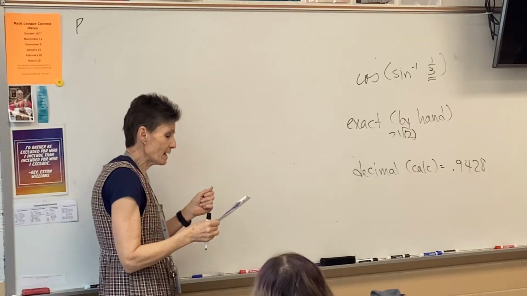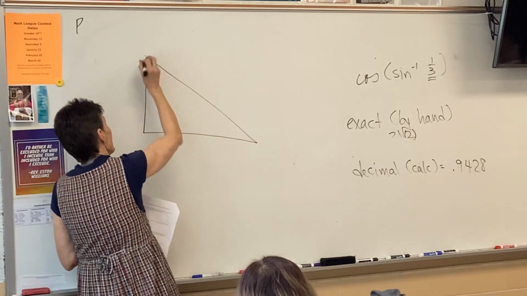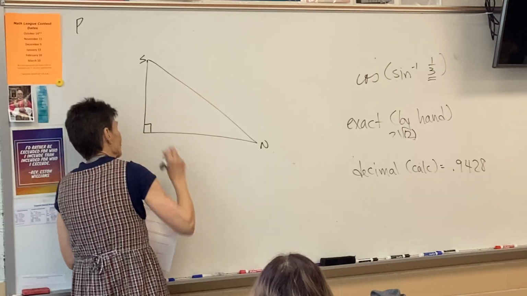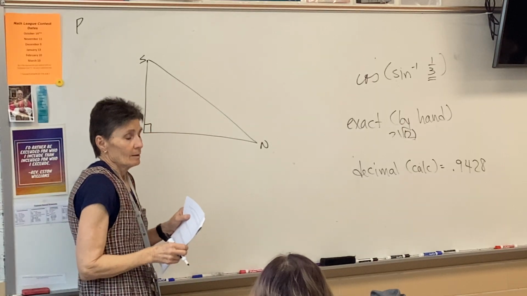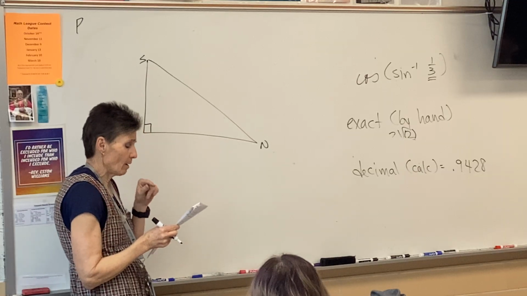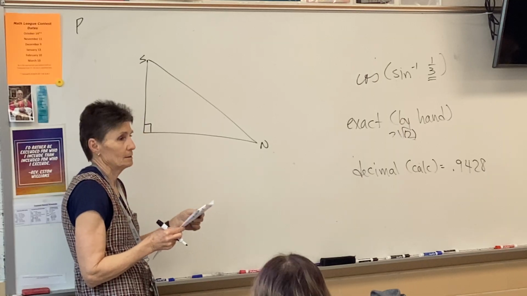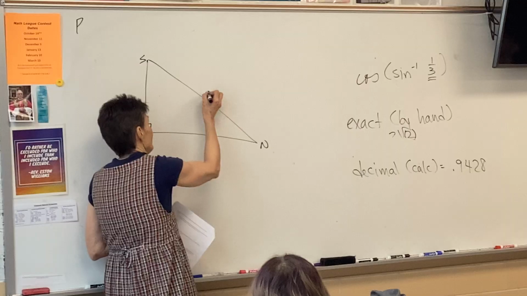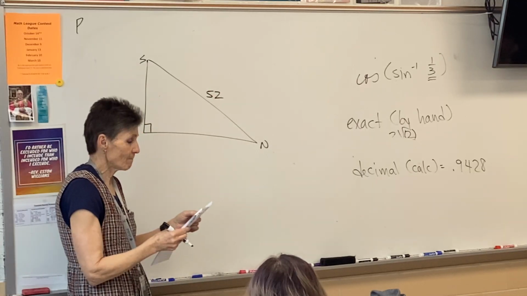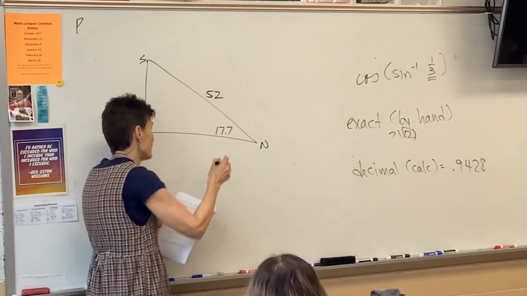All right, guess what we have? A squirrel in the top of a tree. And I bet he is looking at a nut on the ground. He's looking at a nut on the ground that is 52 feet away from him. Hypotenuse, 52. The angle of depression is 17.7 degrees.